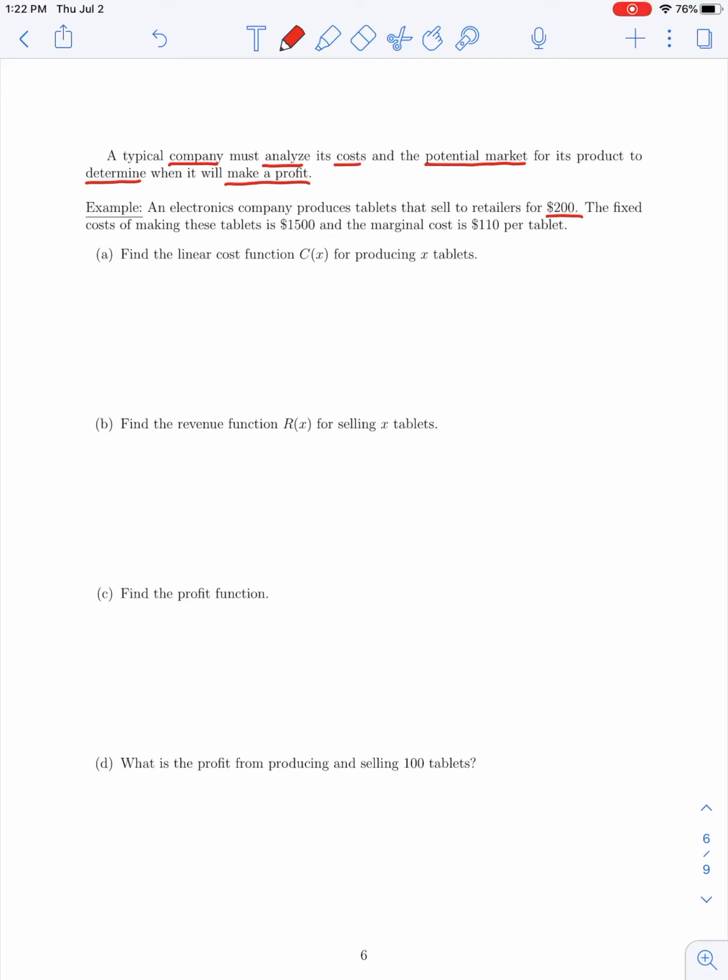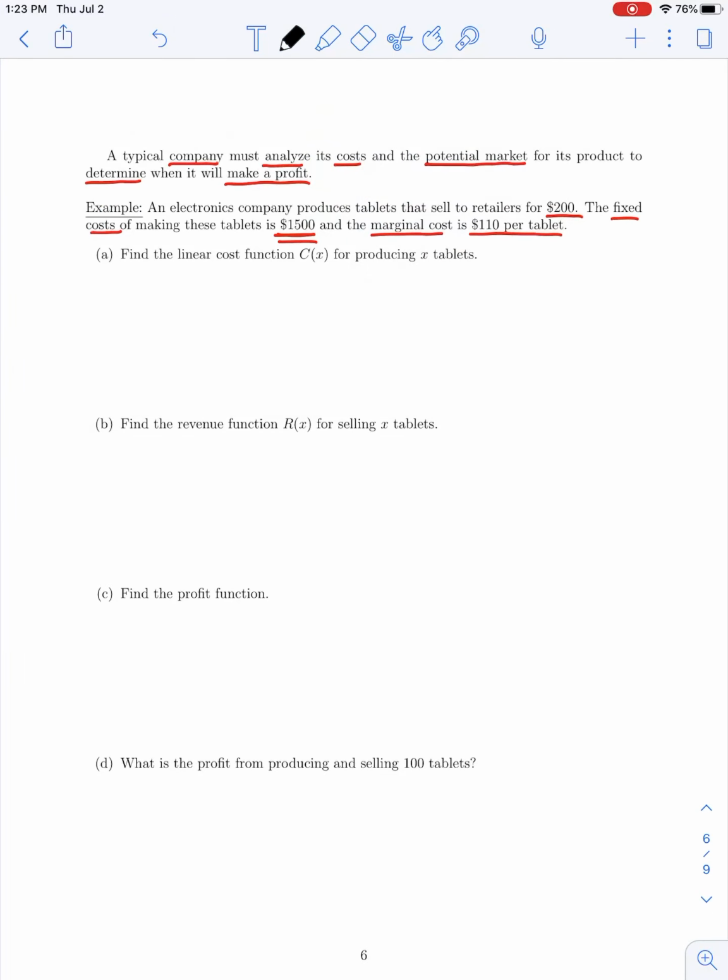The cost of making these tablets is $1,500, where the marginal cost is $110 per tablet. So our fixed cost was the $1,500, and the marginal cost is $110 per tablet.